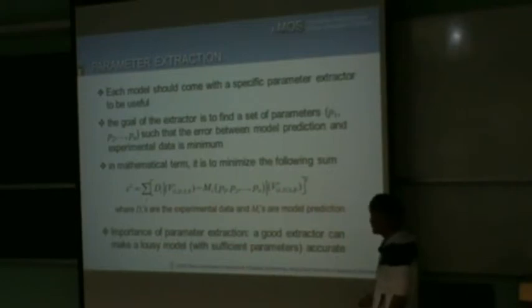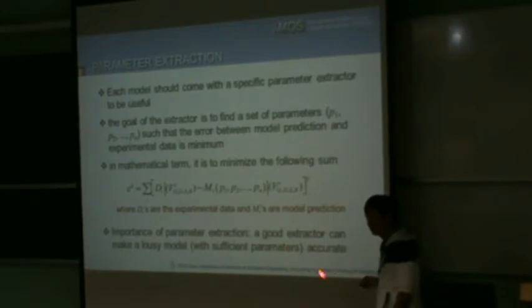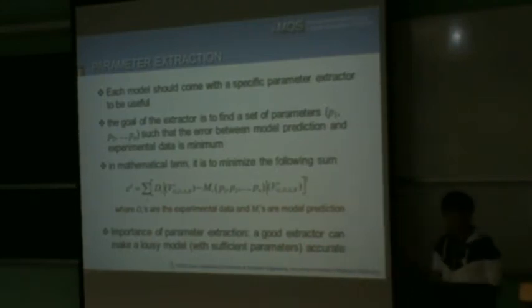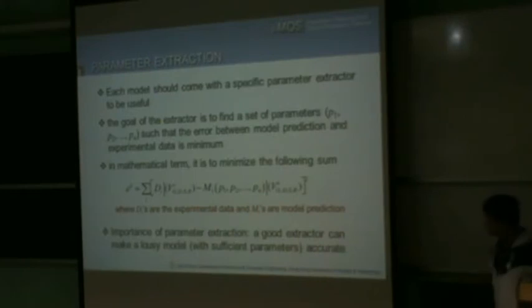So in some sense, this to me is more important than the model development. A good extractor can make a lousy model accurate if you have enough parameters. This is what the industry is doing. As long as the model has enough parameters and you have a very good extractor, you can almost fit anything. So this is what the current practice is.